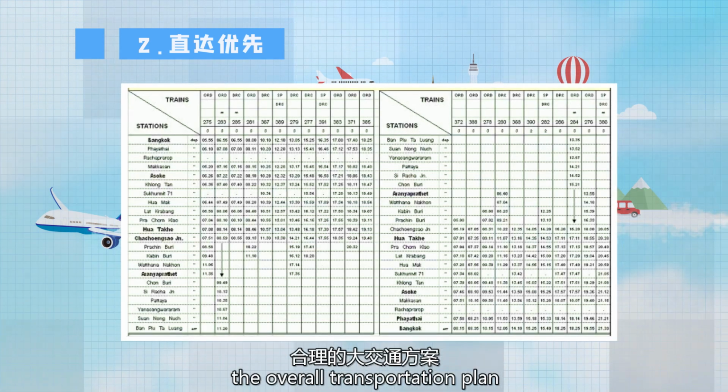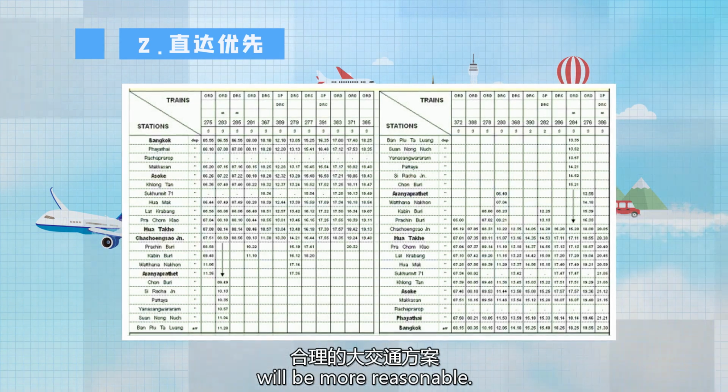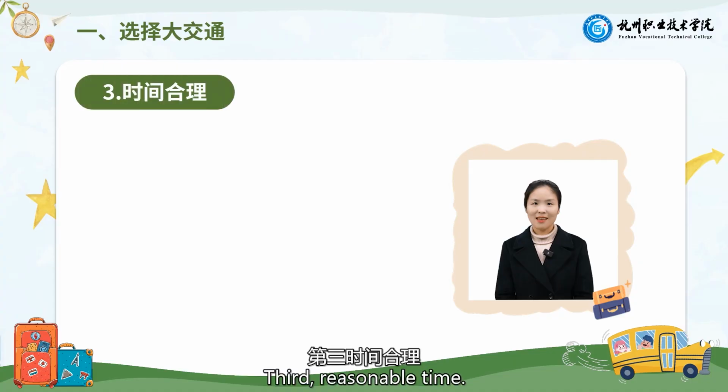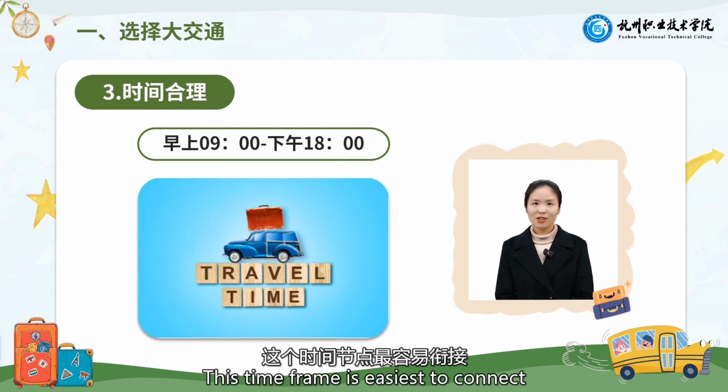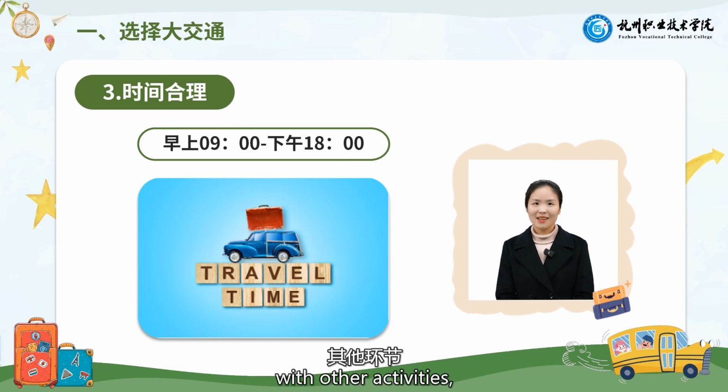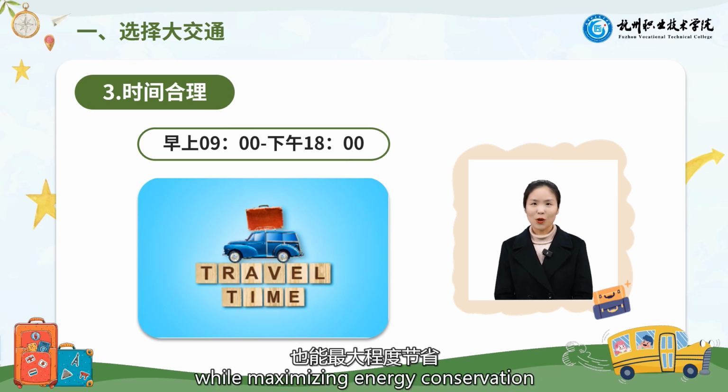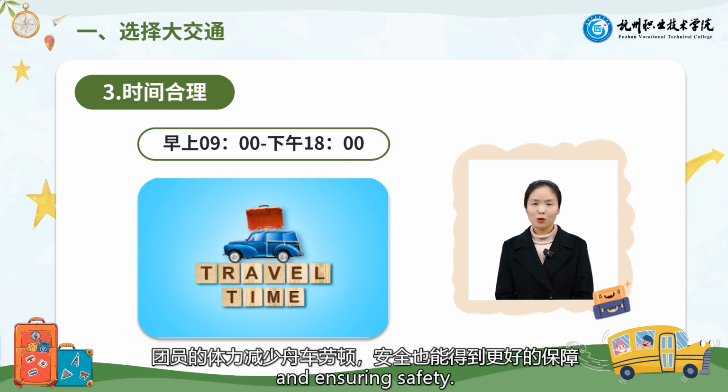The overall transportation plan will be more reasonable. Third, reasonable time. Travel times are best kept between 9 a.m. and 6 p.m. This time frame is easiest to connect with other activities, while maximizing energy conservation and ensuring safety.